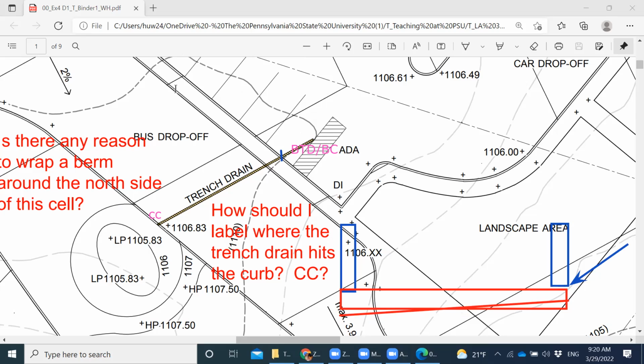So here, you need to know the elevation of the bottom of the trench drain, and then a 1.5 percent slope along the trench drain, using that distance to calculate where water comes out. So yes, you would have the bottom of curb elevation, but in fact, your water goes down, enters the cell at a lower elevation because of the trench drain. Does that make sense? Yeah.